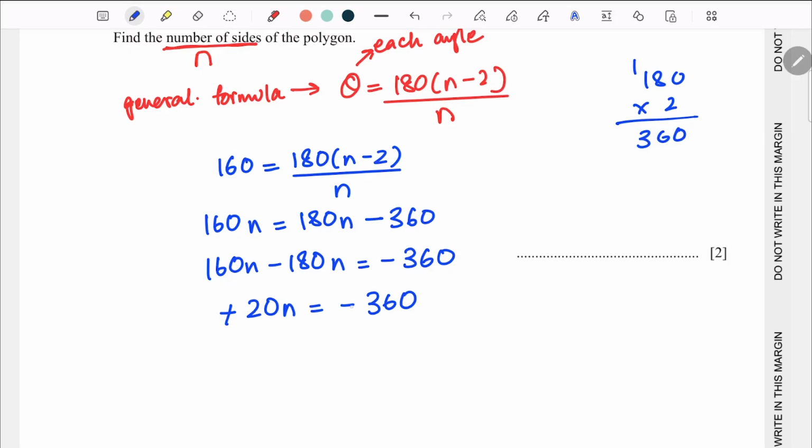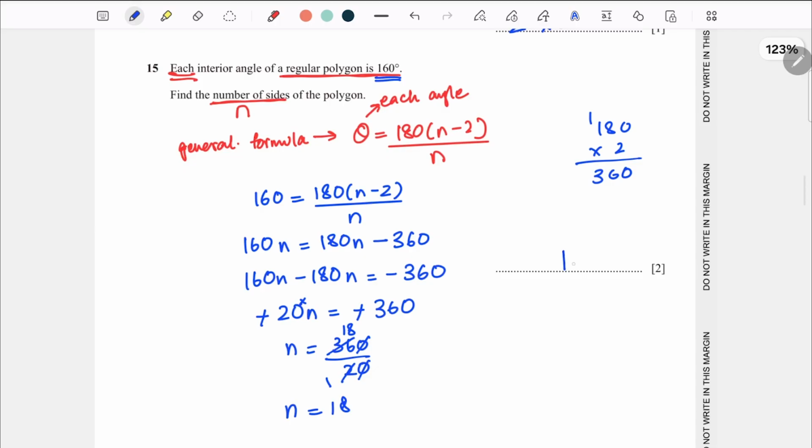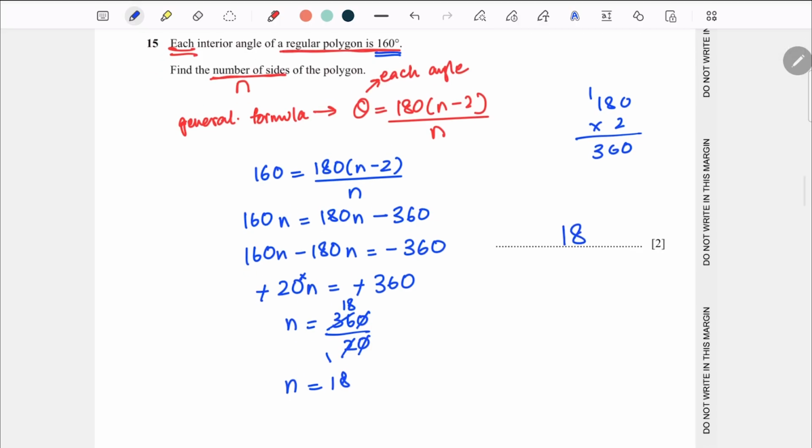Minus and minus will cancel out. Because this 20 is being multiplied on this side, it will go to the other side and be divided. So n is 360 divided by 20, 0 and 0 cancel out. 2 ones are 2, 2 18s are 36. So n, which is the number of sides, is 18. So the final answer will be 18.